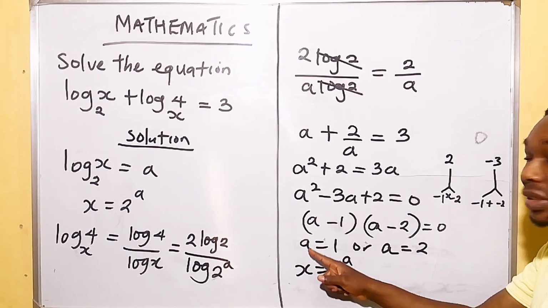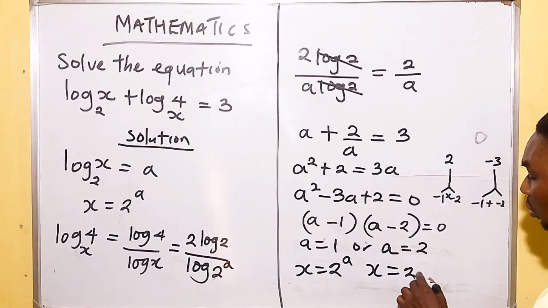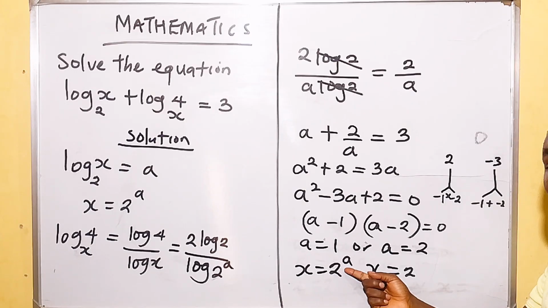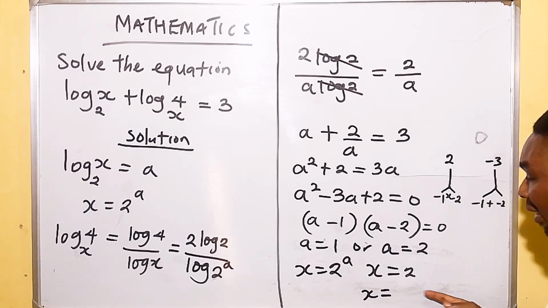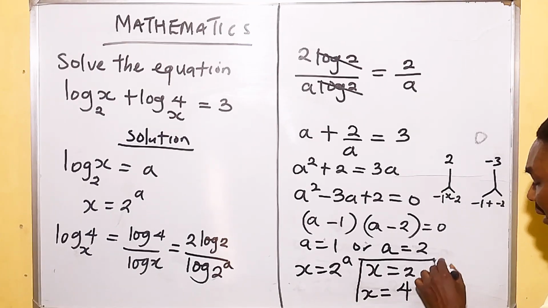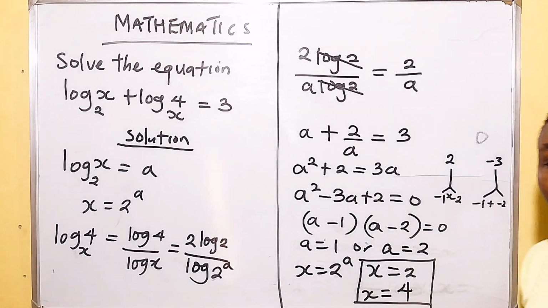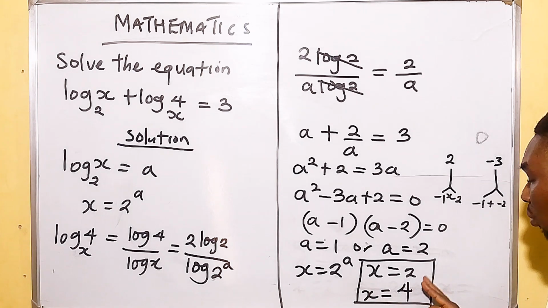Therefore, if a is equal to 1, x will be equal to 2. And if a is equal to 2, it means that our x automatically becomes 4. So this is the answer to this equation. That is, our x is equal to 2 and our x is equal to 4.